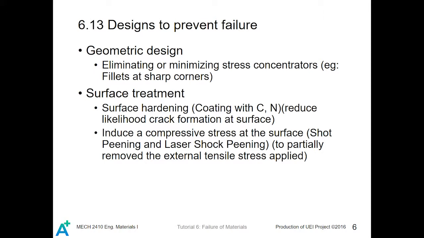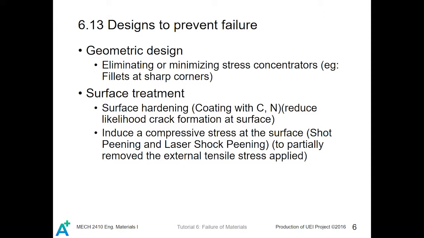So in the design of objects containing stress concentrations, such as sharp corners and other geometric features, we should try to eliminate or minimize those stress concentrators, for example by using fillets at those sharp corners.